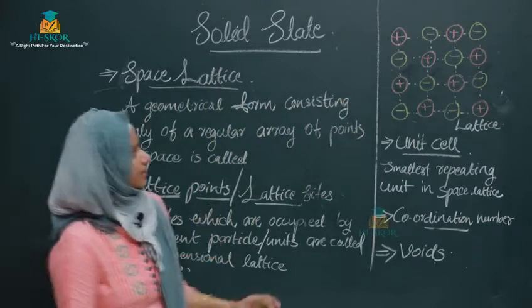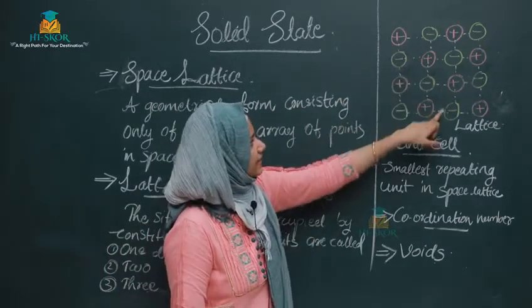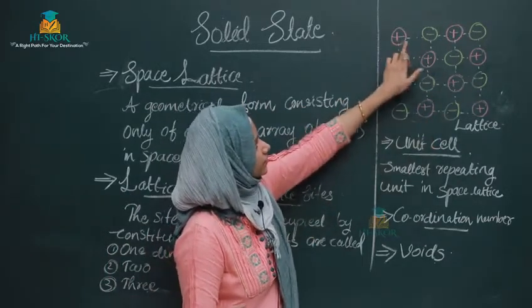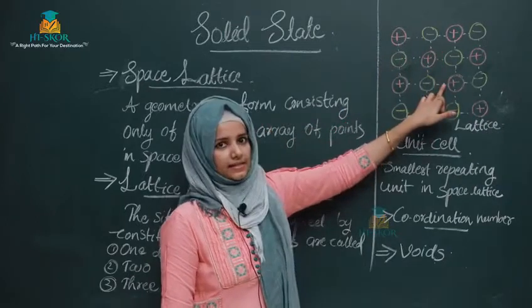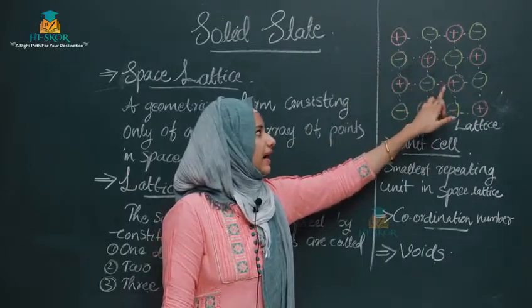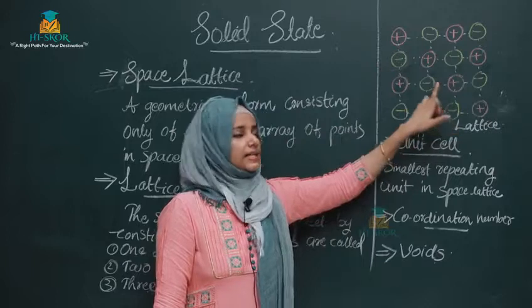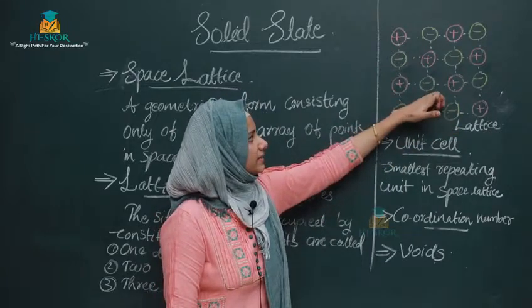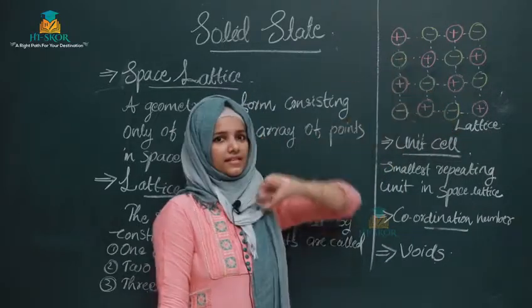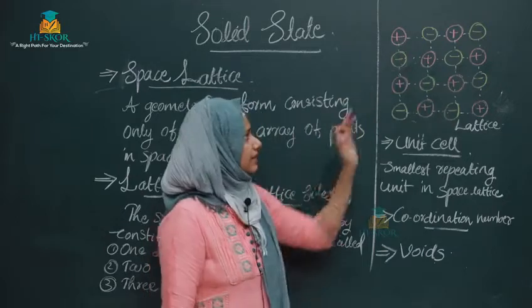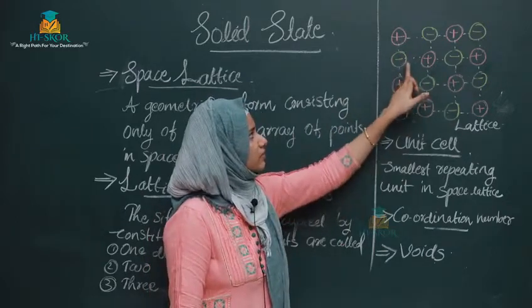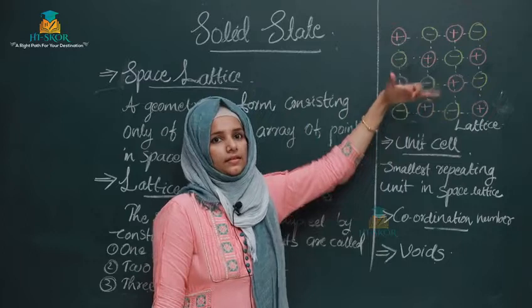In this space lattice you can see lots of constituent particles such as positive and negative ions. These constituent particles are in the form of small points in the space lattice.